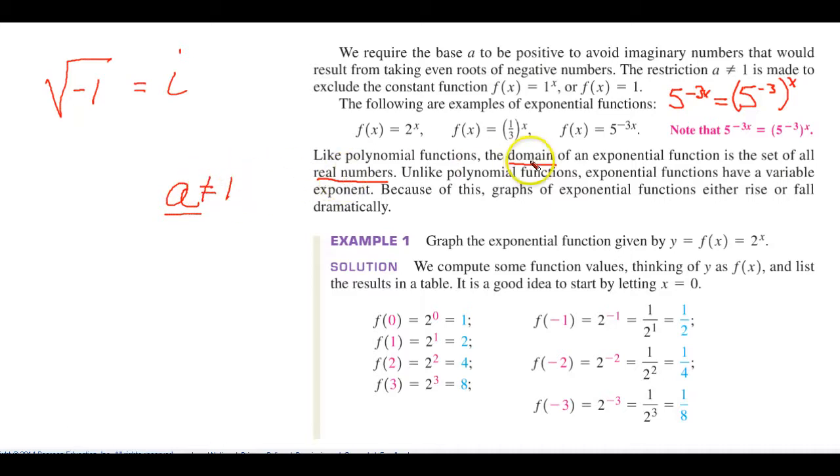So we're talking domain of the exponent up there, not the base, as all real numbers. Now, because of this, graphs of exponential functions either rise or fall dramatically. And that's what gives rise to that word exponentially. Something grows exponentially. The rise or fall is dramatic.